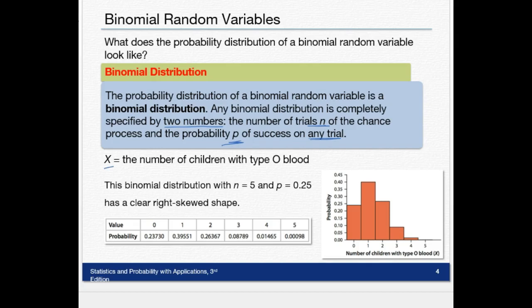In this one, X is the number of children with type O blood. In the probability distribution, we chose 5 children to test and the probability of having type O blood is 0.25. So we chose 5 children and got their blood types and figured out how many of them did have type O blood. We chose another 5, and then chose another 5. And so this is the probability over a long run.